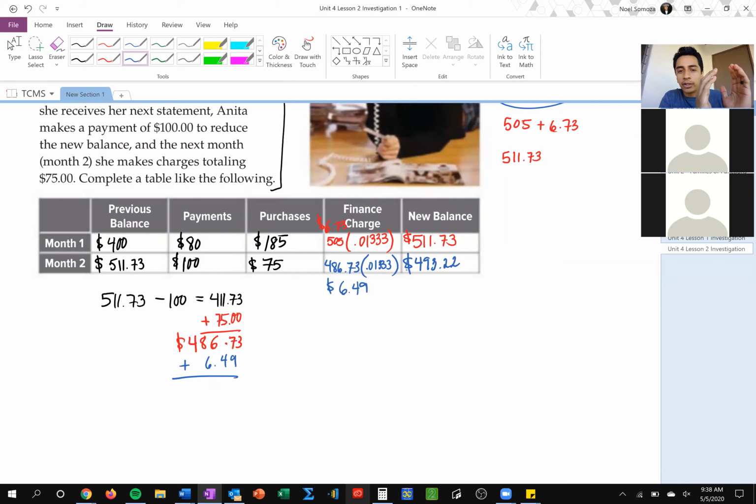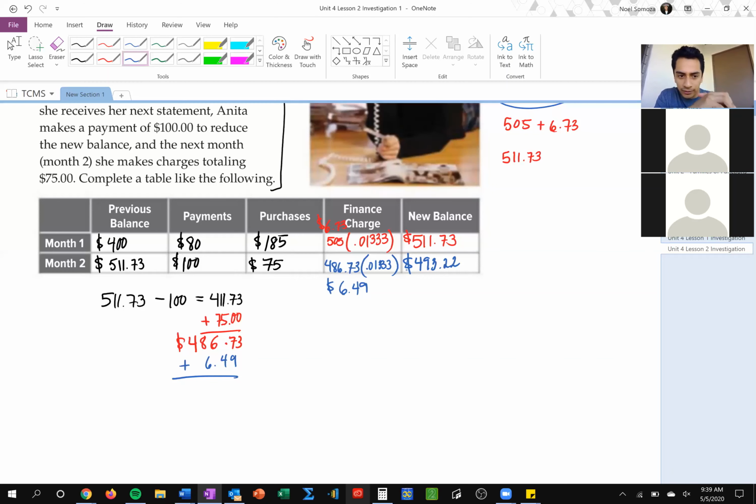We're going to then calculate the interest based off of this new amount, right? After the payment and the purchases have gone through. And that's where you see the multiplication times this small value, right? It's a small percentage because they're splitting up your percentage across a whole year. So you're not going to pay 18% at once, you're going to pay it over the 12 months. So you're paying small amounts every month.